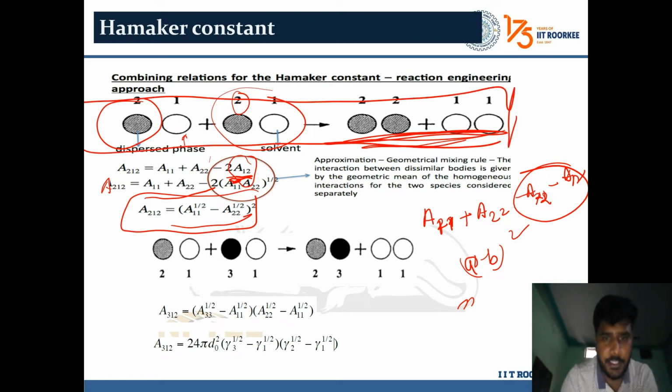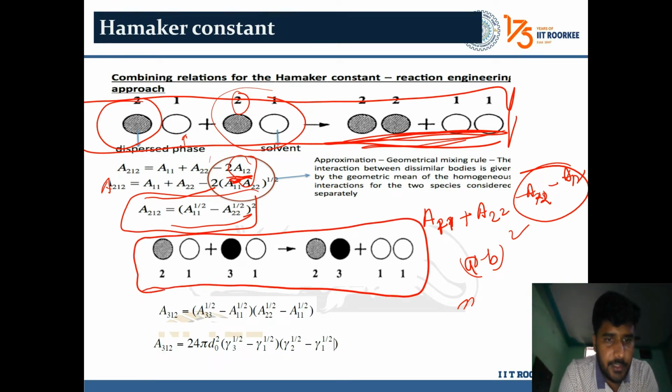for this particular arrangement. Similarly, if you have this arrangement, where one is the solvent and these are different types of particles, you can solve for this particular arrangement. This one is the solvent and 3 and 2 are the particles.